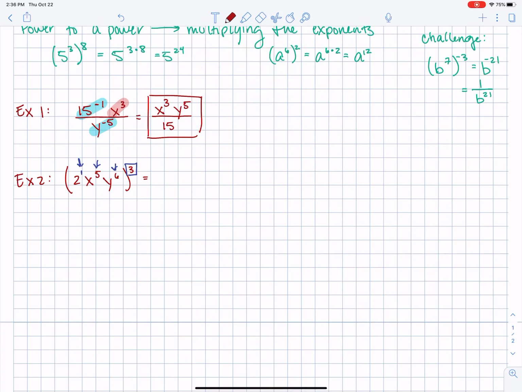So this ends up being 2 to the power of 3, x to the power of 5 times 3, and y to the power of 6 times 3. Now, I can say x to the power of 15, y to the power of 18. Now I can actually solve this 2 to the power of 3. 2 to the power of 3 is 2 times 2 times 2, which is 8, meaning that this final answer is 8 times x to the power of 15, y to the power of 18.